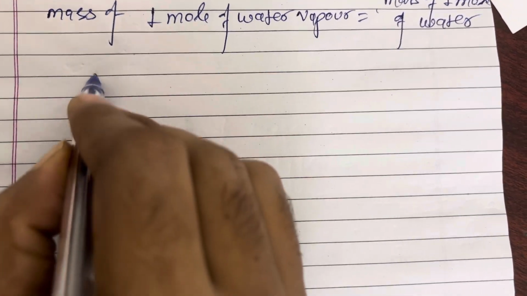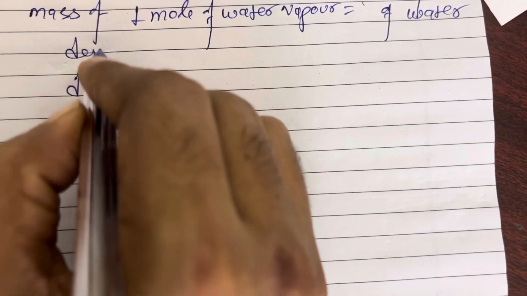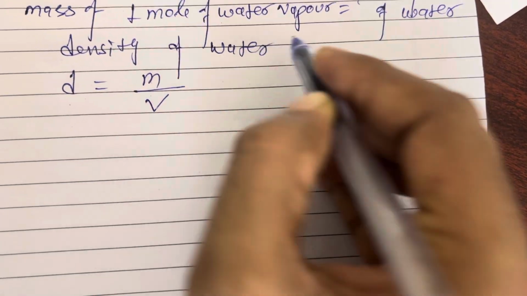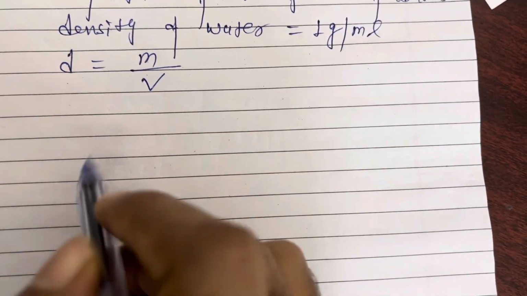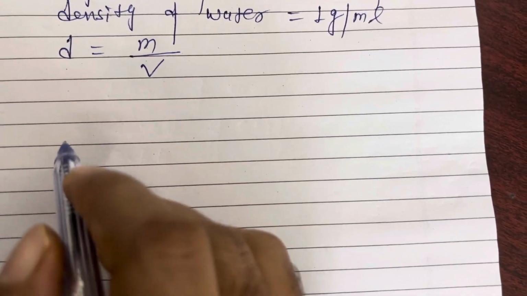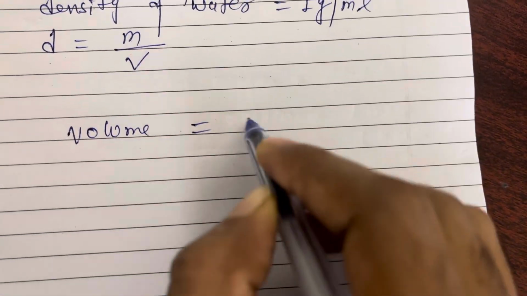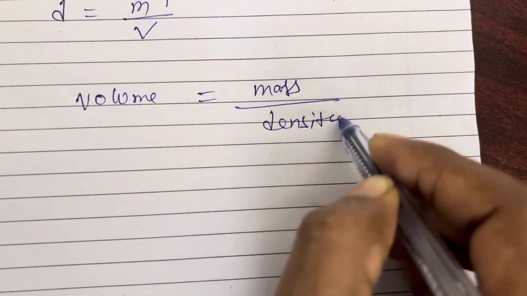So as we know that density is equal to mass upon volume, and the density of water is equal to 1 gram per milliliter. So here what we have to calculate is volume equal to mass upon density.